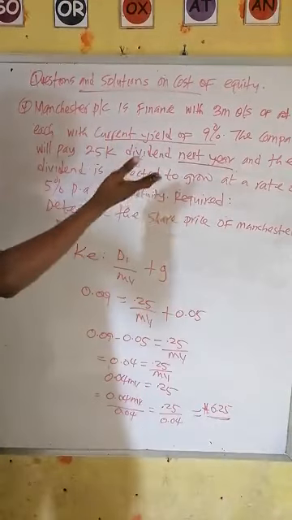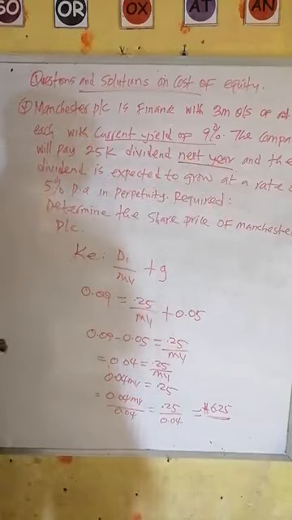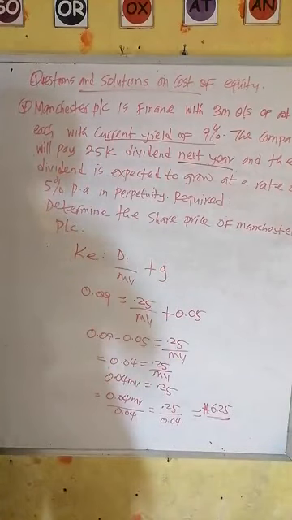Now, often in most cases, the examiner will not give you the growth rate. This growth rate that we are given here, the examiner will not give you. You will be expected to calculate the growth rate yourself.